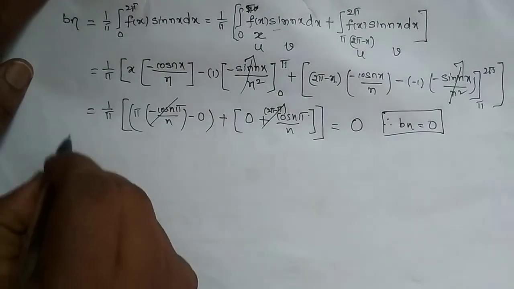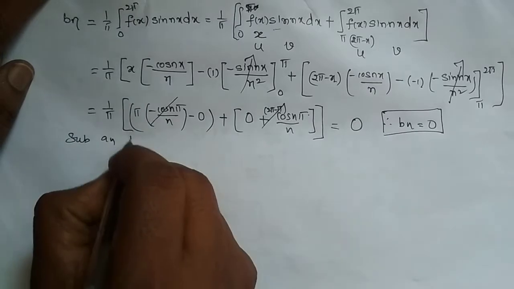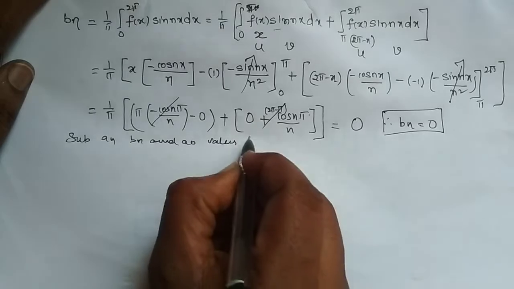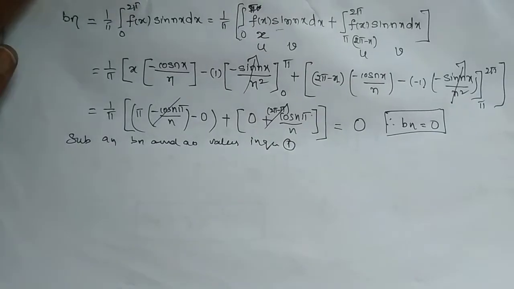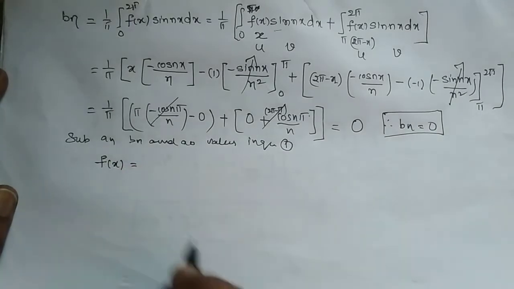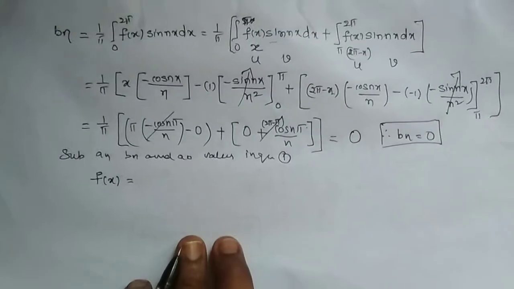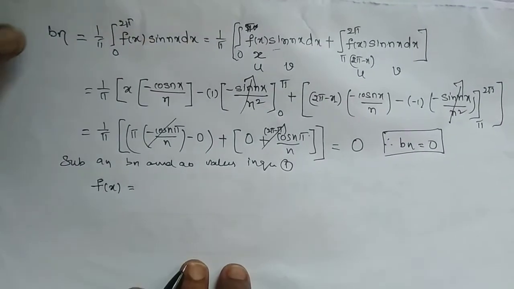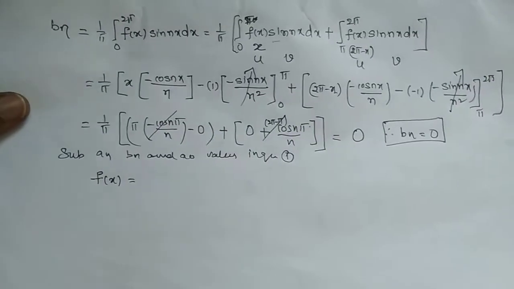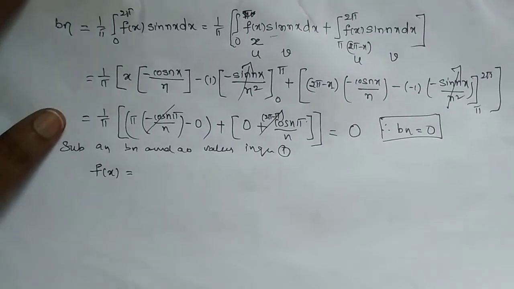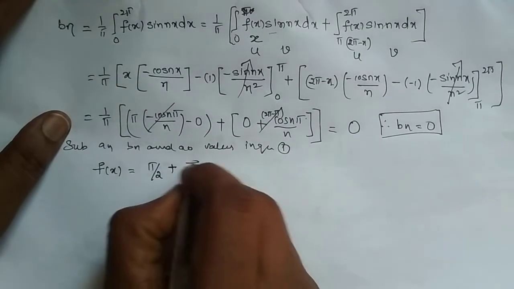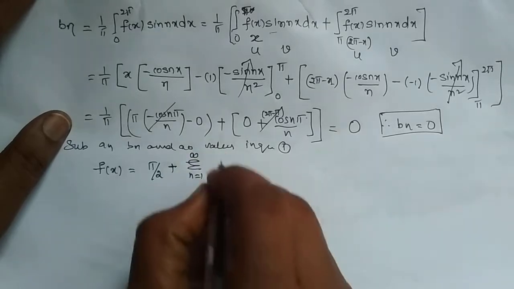Now I am going to substitute the an, bn and a0 values in equation number 1. So f of x is equal to a0. What is the value of a0? a0 is pi by 2, plus summation n is equal to 1 to infinity an.